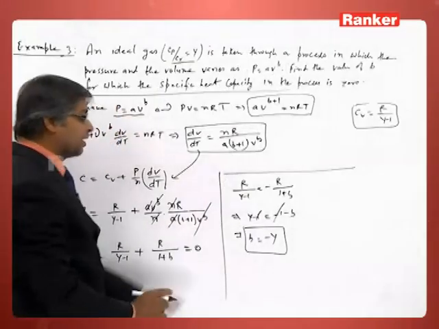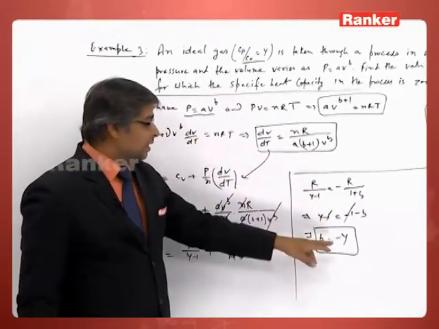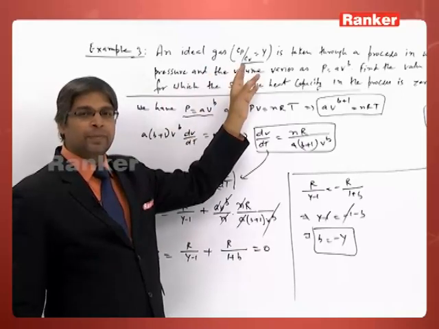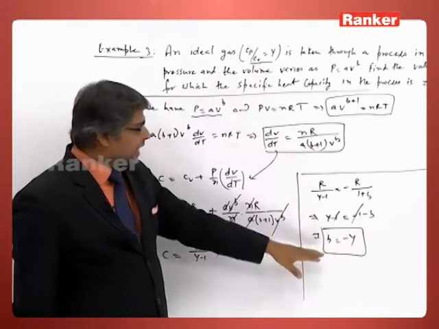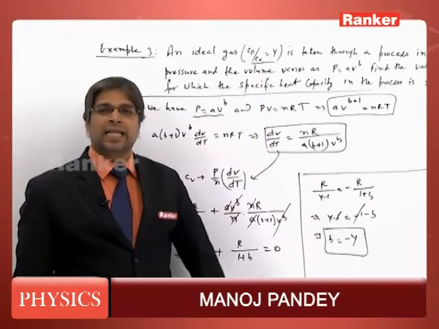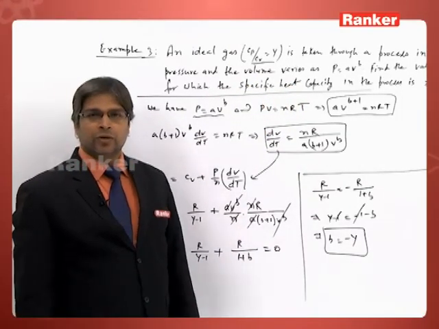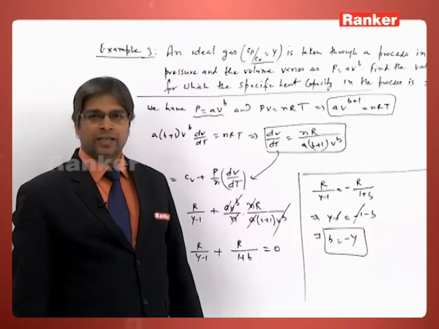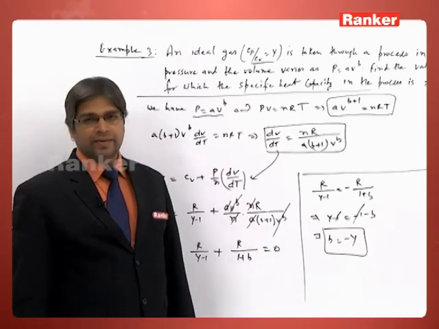So if B is equal to minus gamma, where gamma is the Cp by Cv ratio, then for this process the molar specific heat of the gas will be 0. So no temperature will be raised if heat is given to the system.